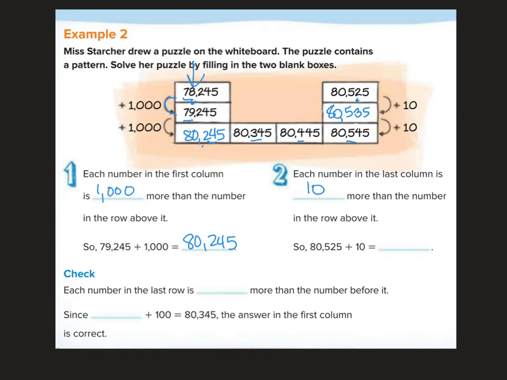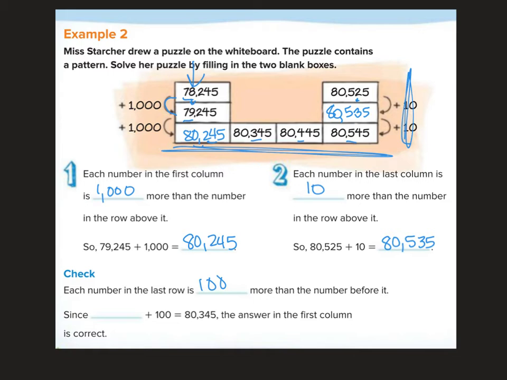It's 10. So 80,525 plus 10 would be 80,535. Each number in the last row, so last row, rows go side to side, columns go up and down, is 100 more than the column before it.